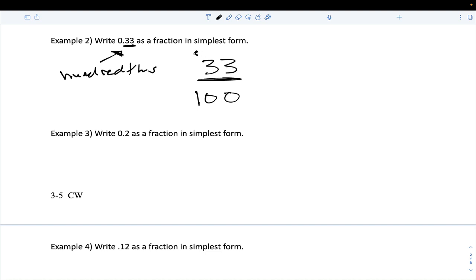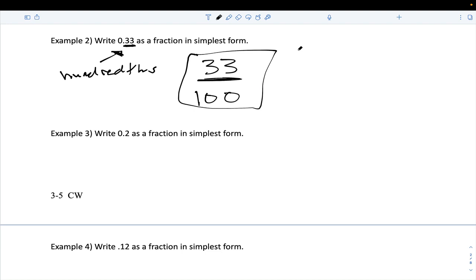Turn and talk with your team and take a guess, 15 seconds. Can I simplify? Go. Divide it by 3. Does 100 go by 3? 100 divided by 3? No. 33 will go, but that won't work. 5, 4, 3, 2, 1.